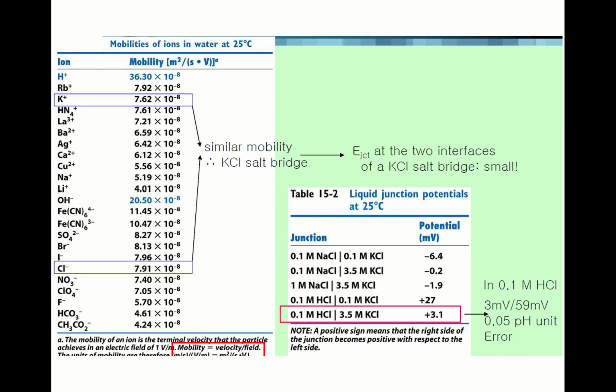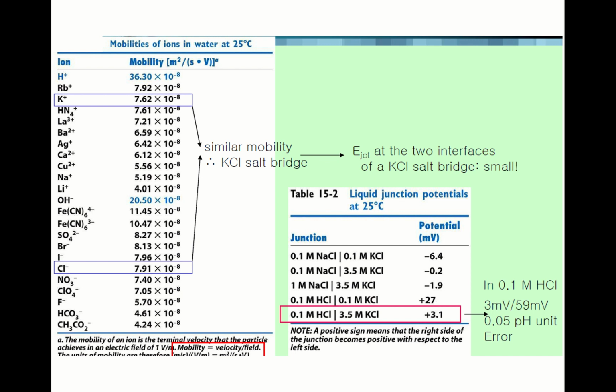Look at that. If you use potassium chloride, the mobilities are almost identical, right? There is a very small difference. So in that case the junction potential can be minimized. So you understand, right?